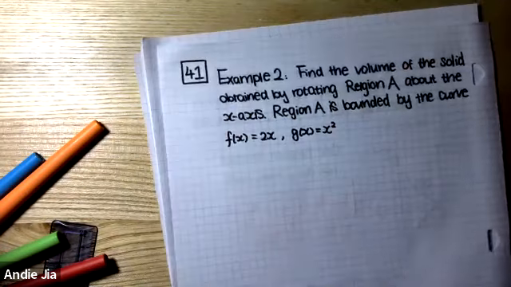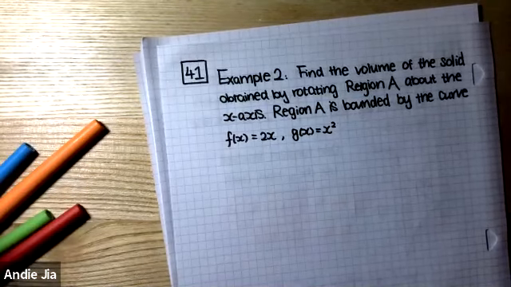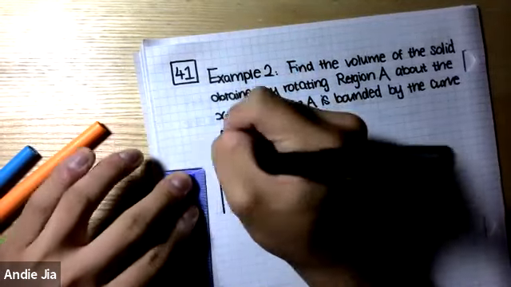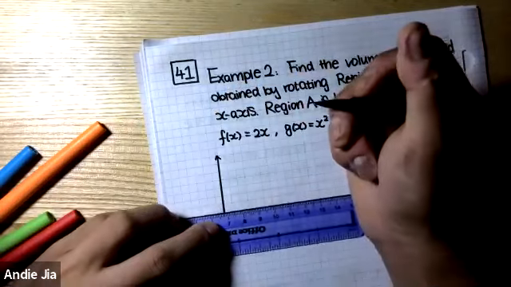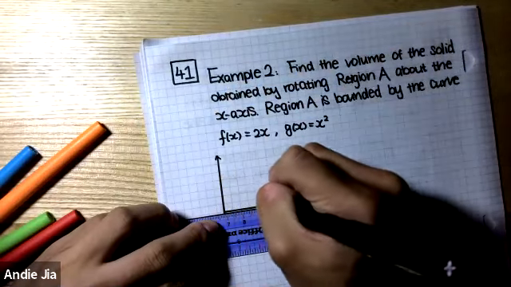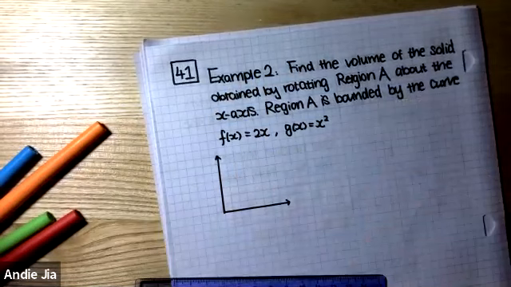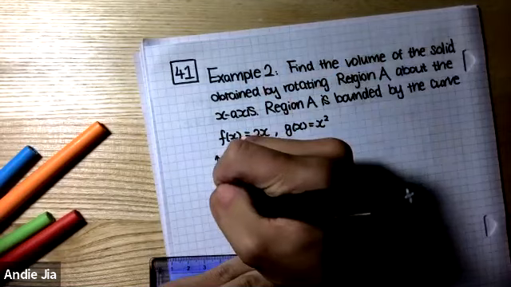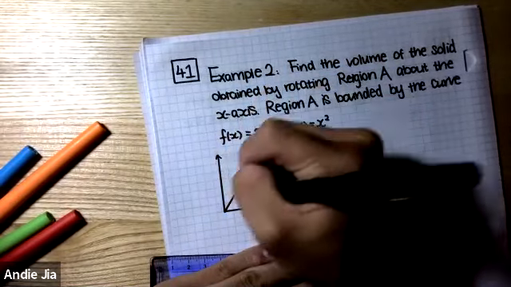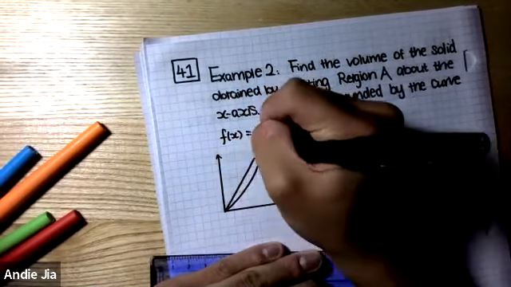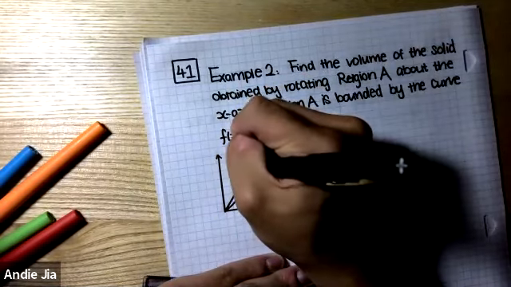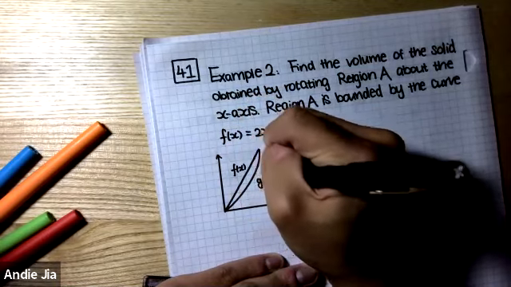Every time we have a volume problem, we draw a visual graph. Here is 2x, and x squared, f of x and g of x.